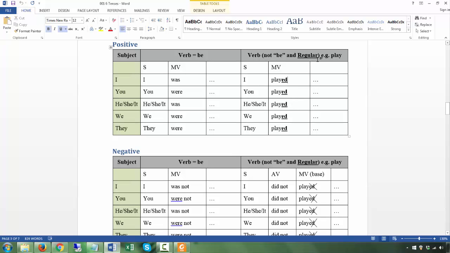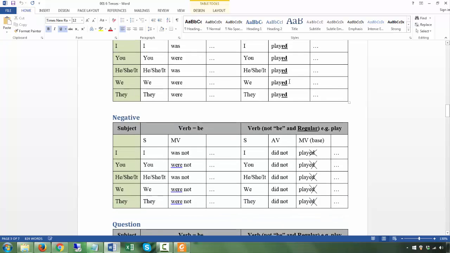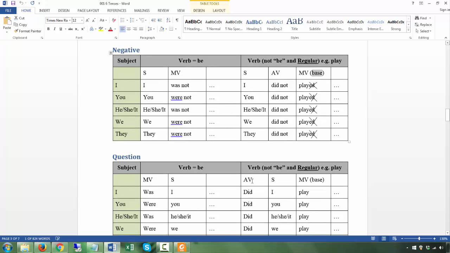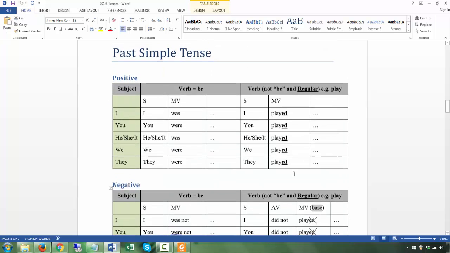Play is a regular verb, right? So all you need to do in order to form the past simple is put the D or the ED, and then it becomes the past simple, right? And then for negative, you come across the auxiliary verb, you put a did not, and then this one returns to the base form. Okay, so did not play, not did not played, right? And then for the question, you just put the auxiliary verb first. Did I play? Did you play? And all that. Okay. Now this is for regular verbs.